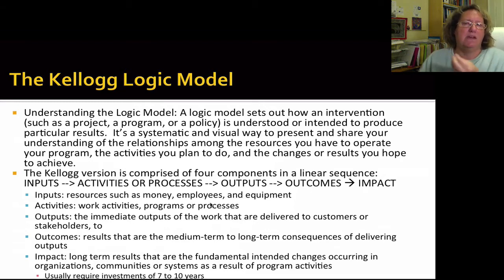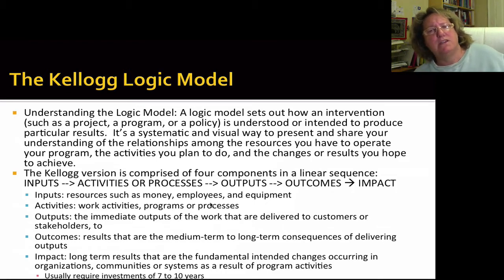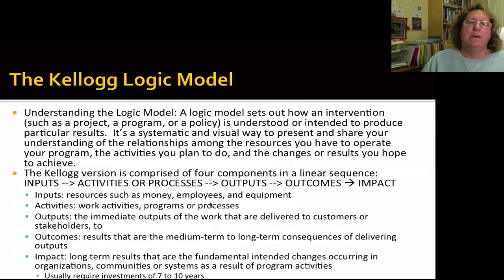The outputs then are sort of client-centered outputs. We will have 40 people trained in X. We will have 30 people who will get case management services. We will have 10 kids benefit from an intensive tutoring program every week, for example.